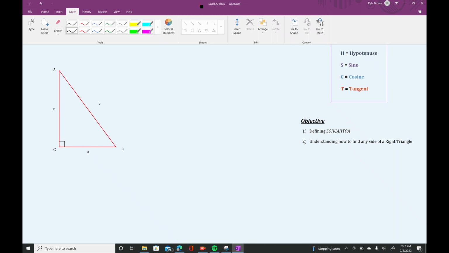And then number two, that's understanding how to find any side of a right triangle, which is very important, whether you're in pre-calc, trigonometry, geometry, whatever class you're in. This is very important to understand because it teaches you how to evaluate different parts of a triangle given very little information. So let's define Sohcahtoa.